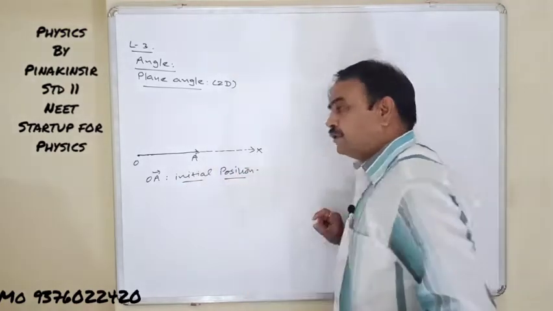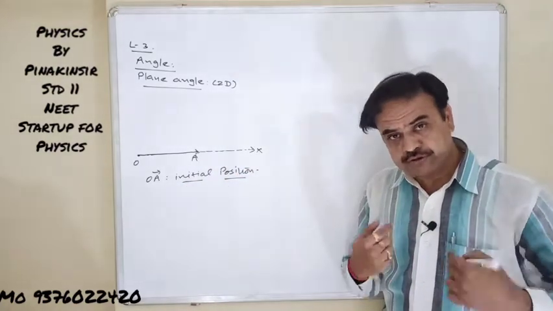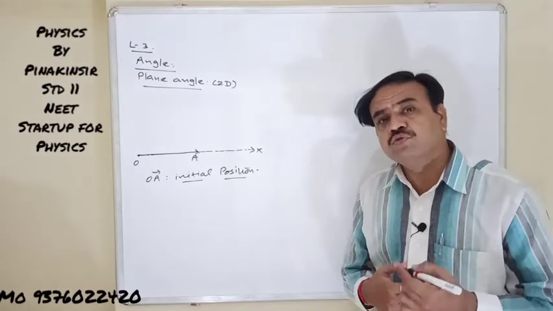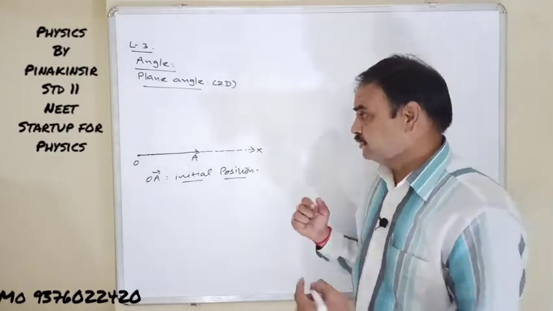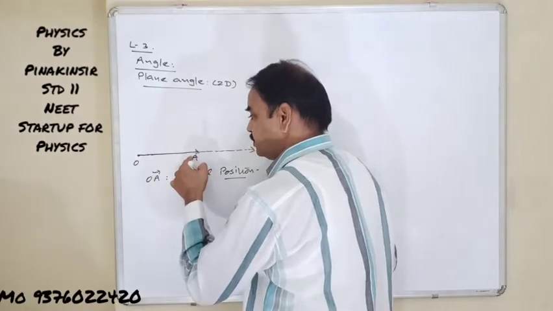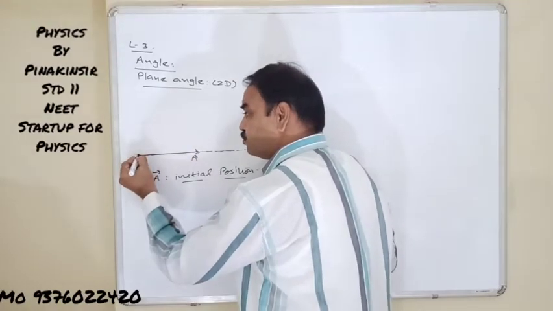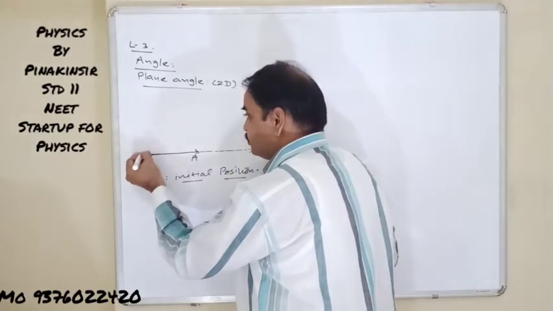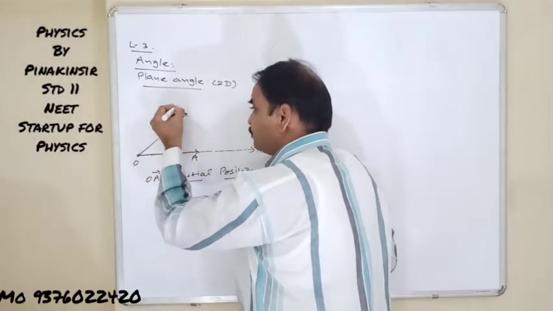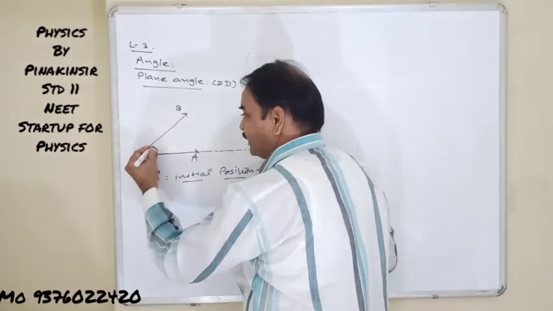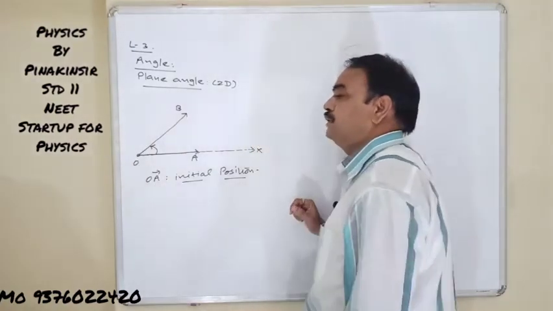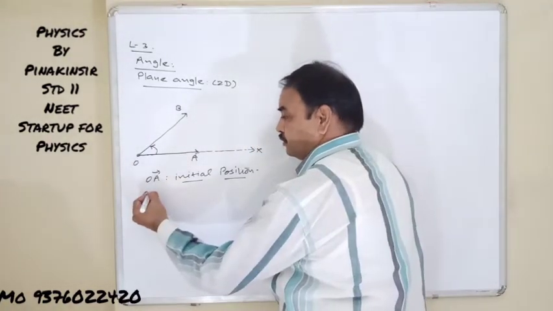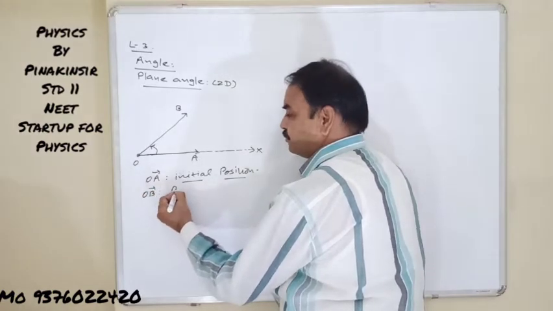Now if this ray rotates, either anti-clockwise or clockwise, say for example about the origin, starting from the initial position to say the OB position, like this, OB is nothing but the final position.